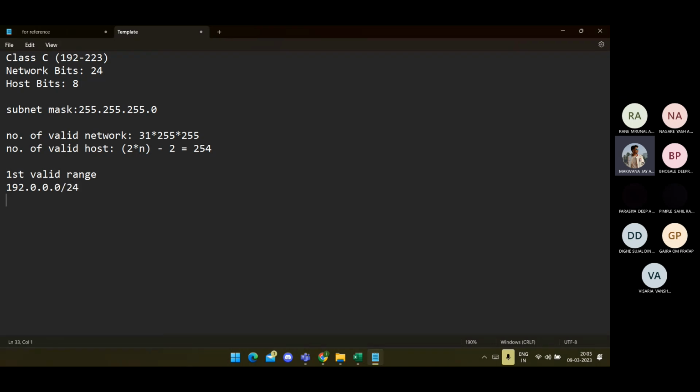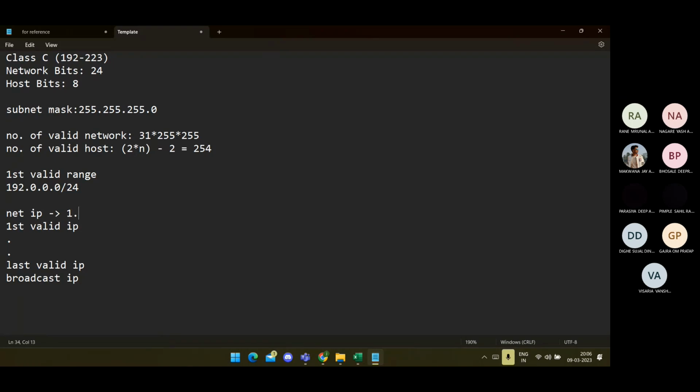Okay, so now tell me the network IP, first valid IP, last valid IP and then broadcast IP. Tell me what will be the network IP in this case?